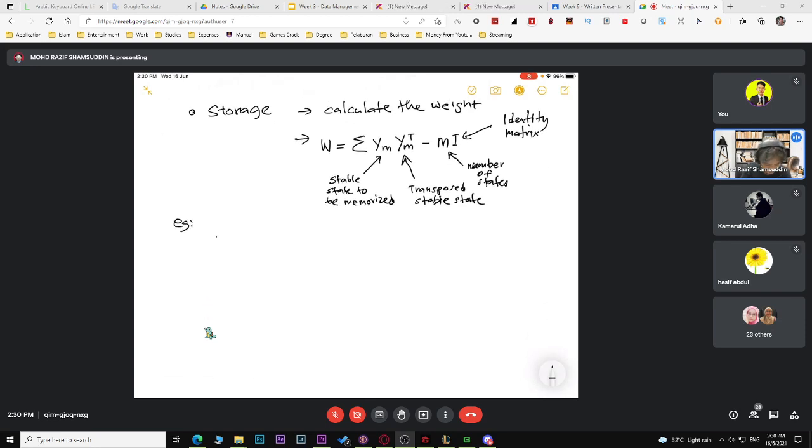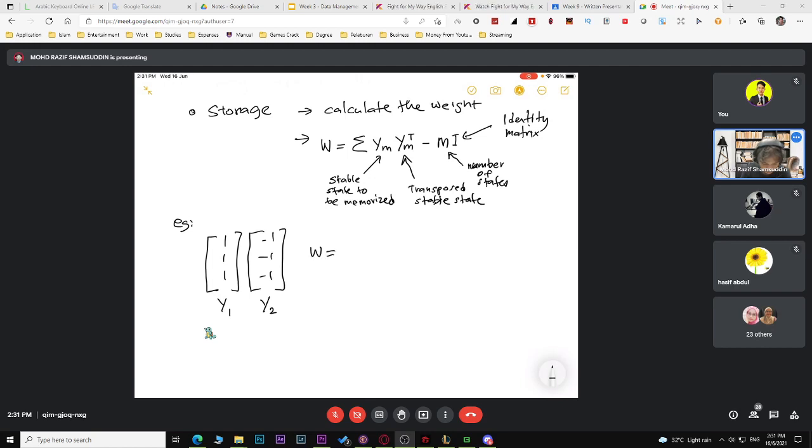So let's try our previous example. We have two states, right? 1, 1, 1 and -1, -1, -1. So both the notations are y1 and y2.